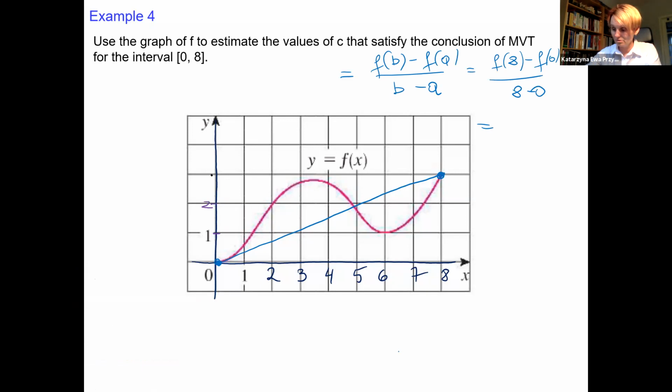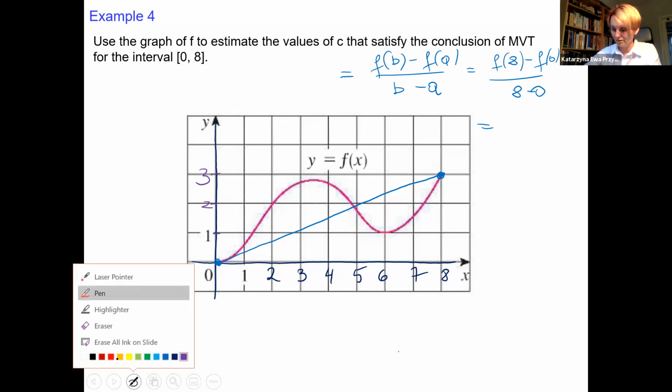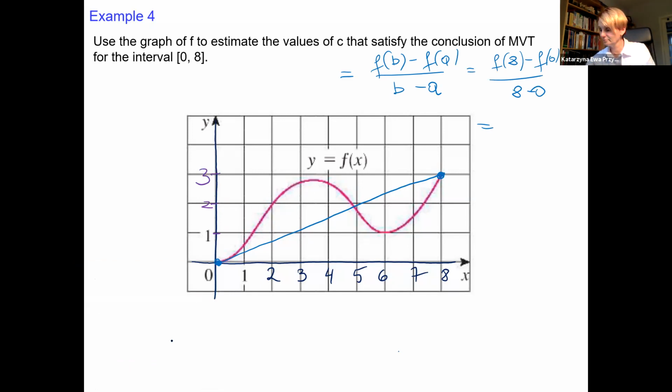What is f of 8? f of 8 is 3, f of 0 is 0. So we do have the average rate of change, 3 over 8, 3/8.